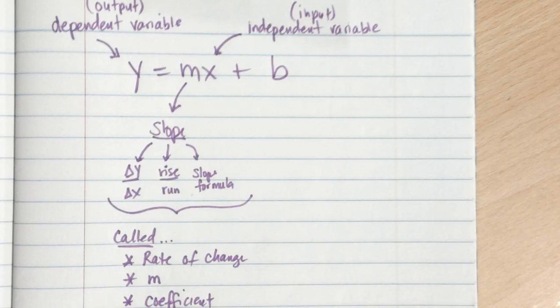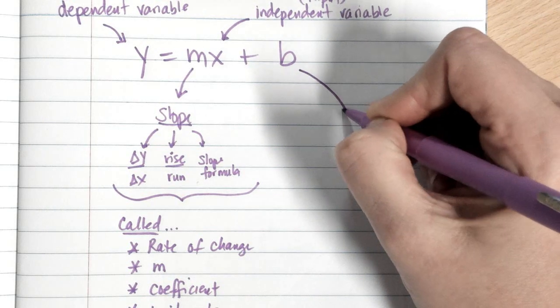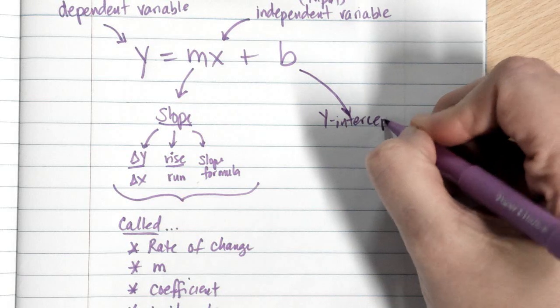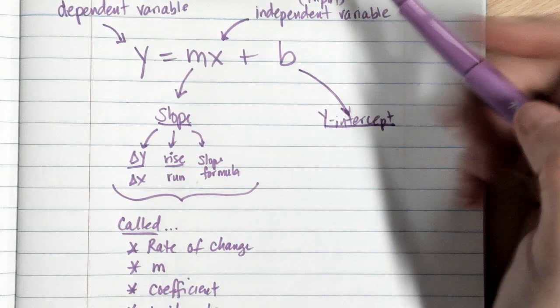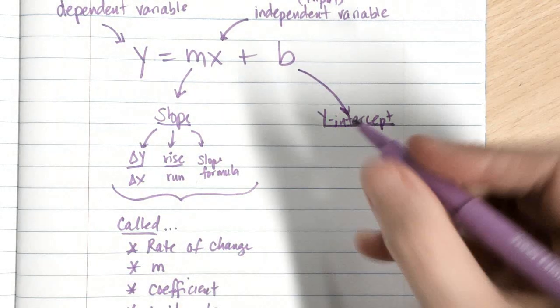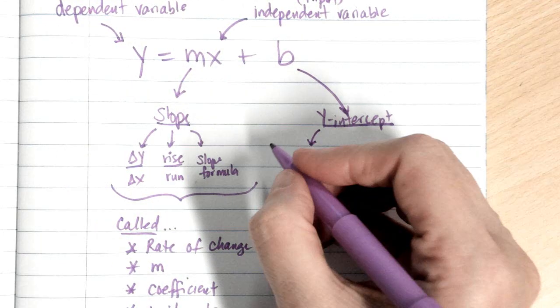For slope. Now let's talk about y-intercept. Okay, so here is our y-intercept. And again, that's where slope-intercept form gets its name, because it's got the slope and the y-intercept, slope-intercept form. Okay, so we have a few ways we find the y-intercept.